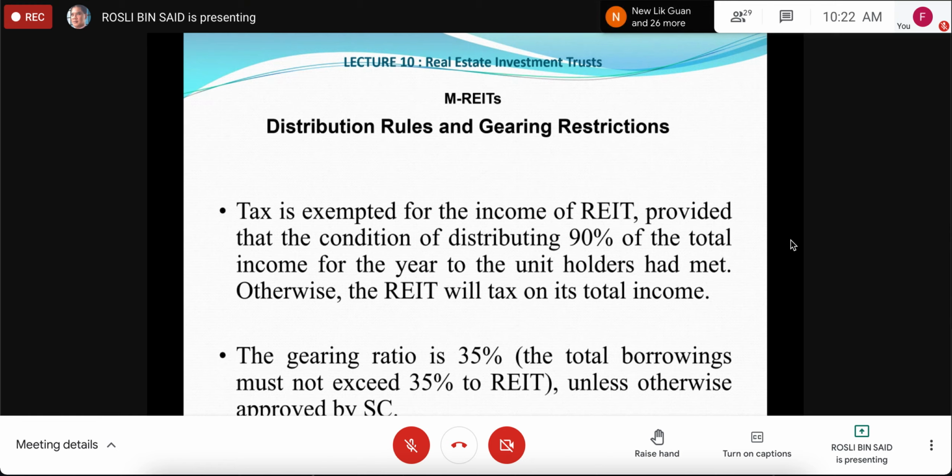If the Securities Commission approves, then they can have a gearing ratio of more than 35%. So out of the total principal that they get from the fund institution, it must not be more than 35% that goes to REITs. So that is the rules.